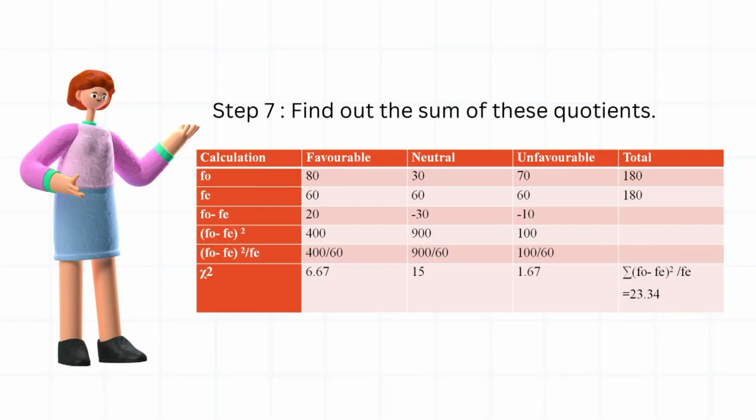We have to add all these values, and this is the formula of chi square as a test of goodness of fit, summation of FO minus FE whole square upon FE, and if we add these values the total would be 23.34.